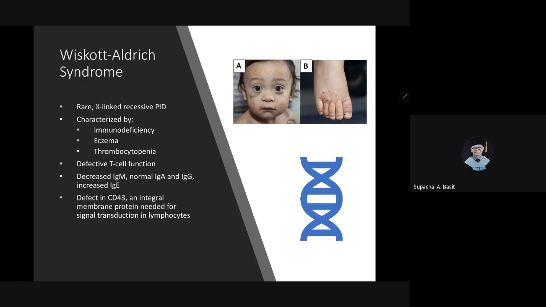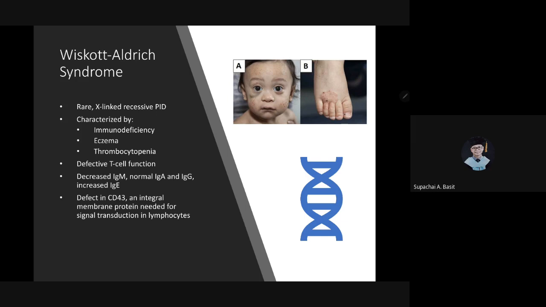Now we also have another one, which is the Wiskott-Aldrich syndrome. It's another type of X-linked recessive primary immunodeficiency disorder. And this one is characterized by immunodeficiency, eczema, and thrombocytopenia, or deficiency in the number of platelets.